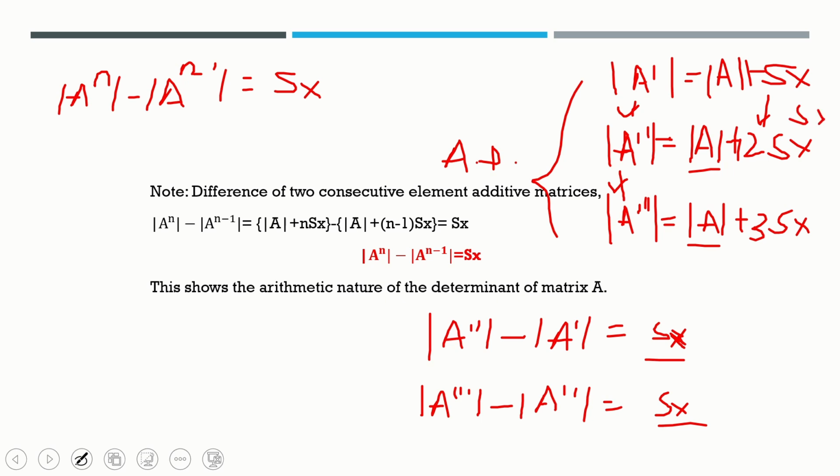It is added by Sx, it is also added by Sx. Okay, an increment of Sx is observed over here. So this shows the arithmetic nature of the determinant of matrix A.